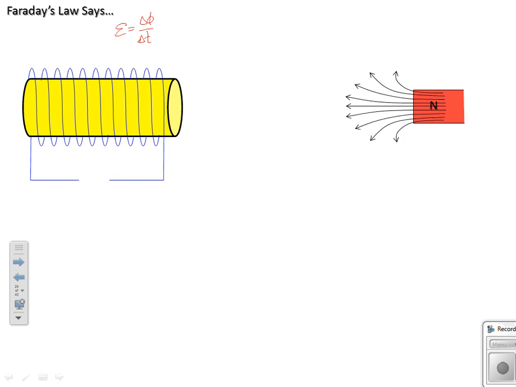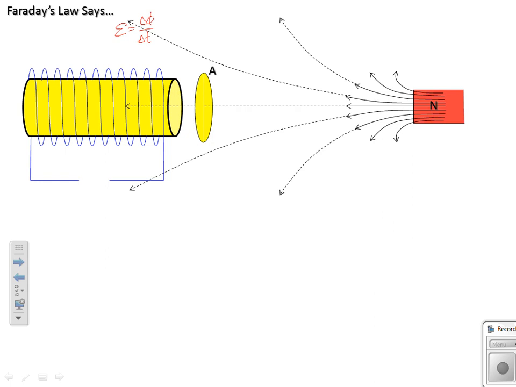All right? So we get this loop of the solenoid, really, and we take a bar magnet, and the bar magnet's magnetic field looks like that. Well, if we move this magnet, we talked about moving the loops or moving the wires.